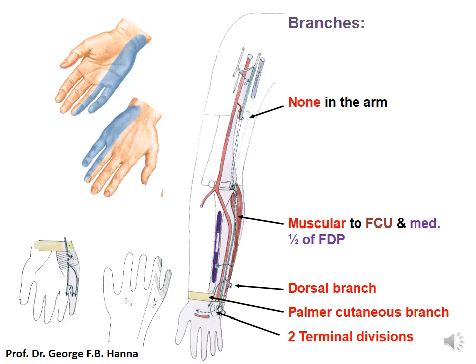Look at the diagram here on the left, the second one. It supplies the back of the hand, only the medial 1/3, and supplies the dorsal aspect of the medial 1.5 fingers, except the distal 2 phalanges. Why the distal 2 phalanges? You will see in a second. This is the dorsal branch.